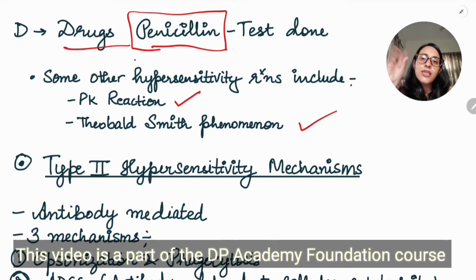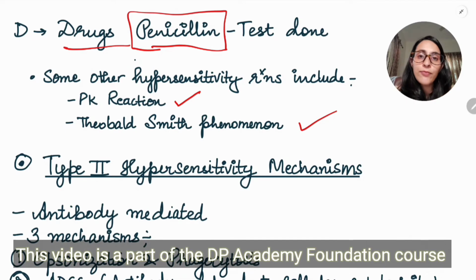Out of that, IgE is the one that plays a role in the anaphylactic reaction. So IgE is going to get attached to the mast cell, and the mast cell is going to burst open, and it releases the granules, it releases the histamine, and therefore we see things like, for example, histamine causes bronchoconstriction and vasodilation, and it is going to cause the asthma. So this is a mechanism that we have studied.